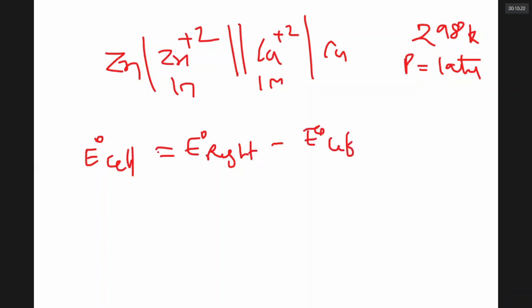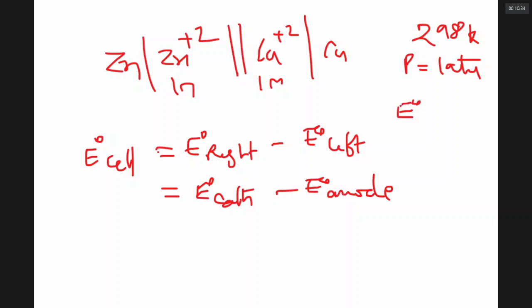Or in other words, E0 cathode minus E0 anode. Here E is referring to standard reduction potentials.